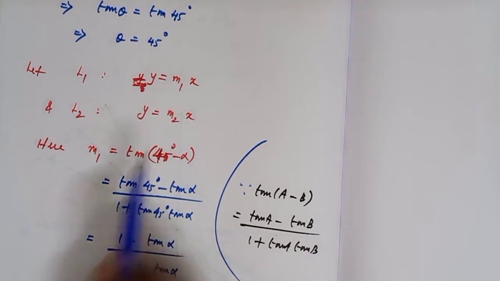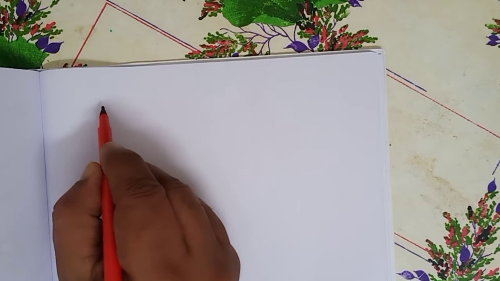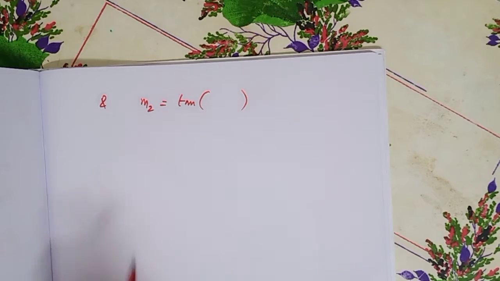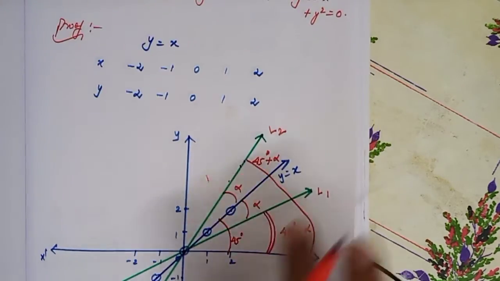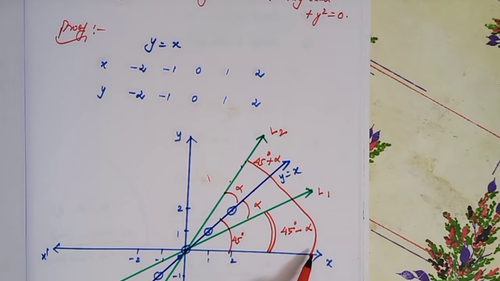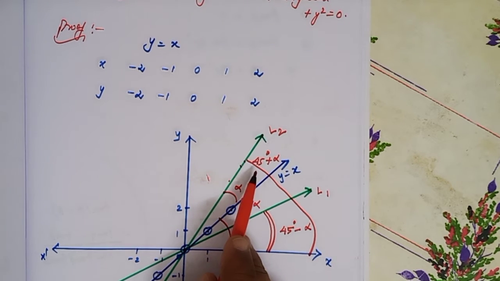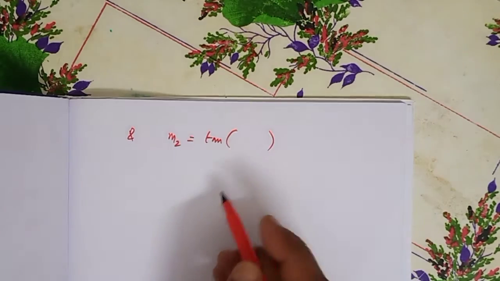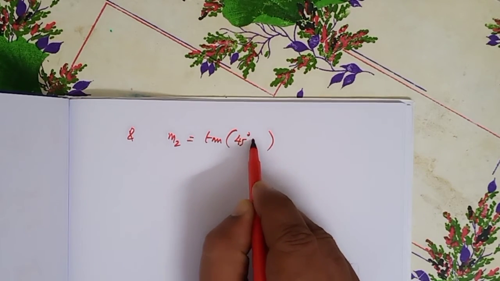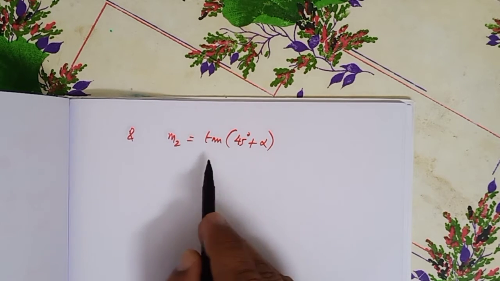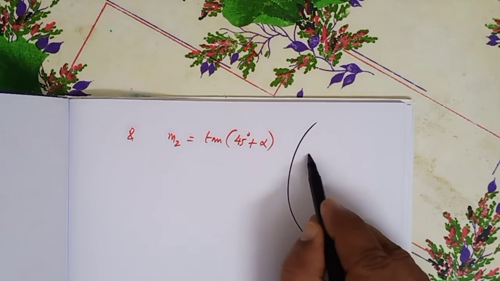m2 is equal to tan of, look at the angle here, m2 is the slope of the line L2, 45 degree plus alpha. Here this is of the form tan of a plus b.